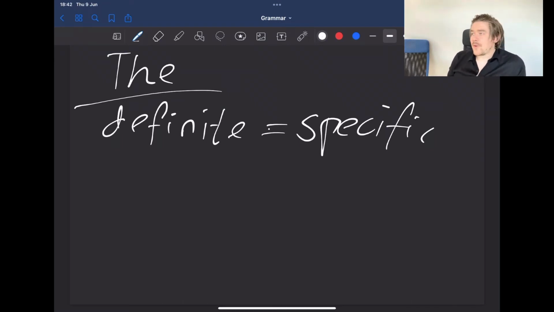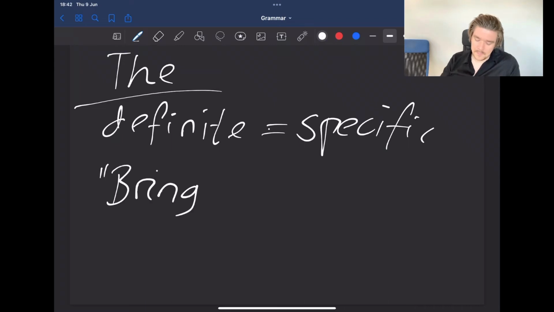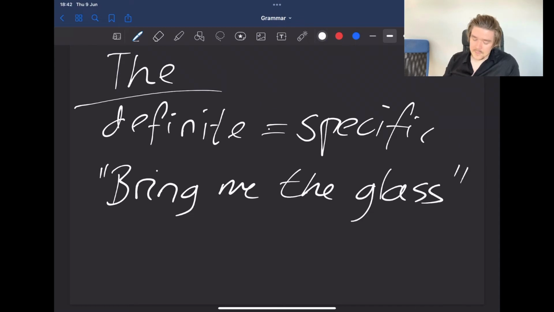So when you say, for example, bring me the glass, let's do that sentence as an example here. Bring me the glass. Here we are using the definite article the. And that means we are thinking about a specific glass, not just any random glass.